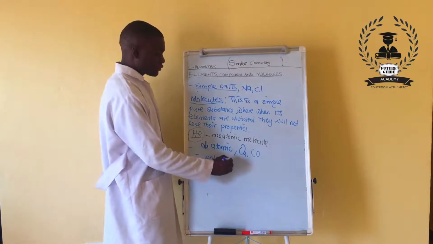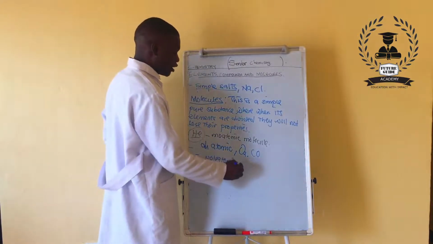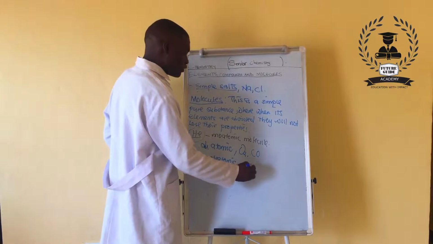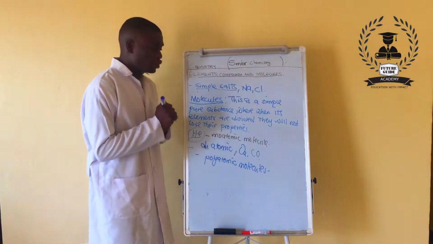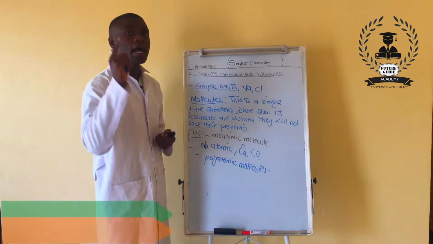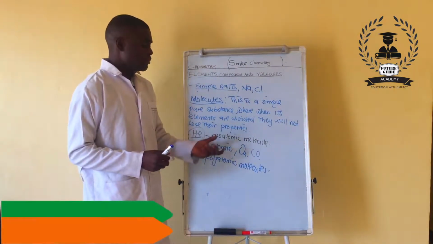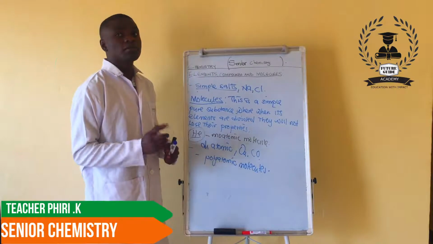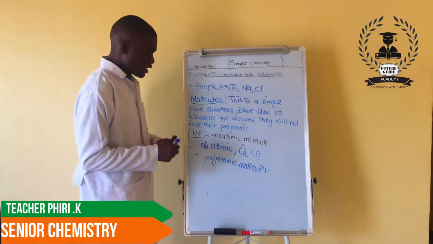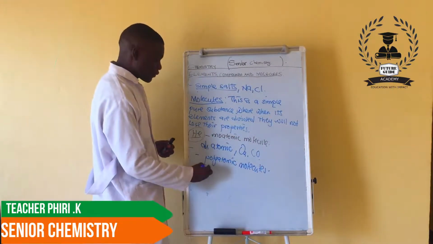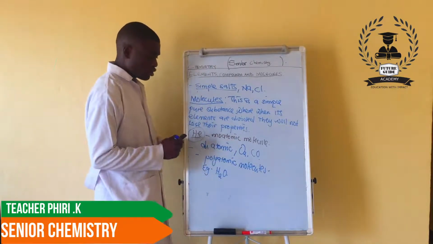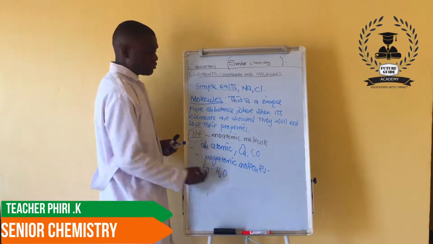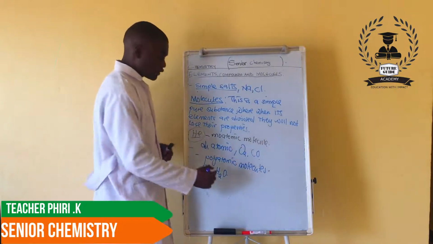Apart from diatomic, we also have polyatomic molecules. What you are supposed to know is that they have more than 2 atoms. A very good example is water, which is H2O: 2 atoms of hydrogen with 1 atom of oxygen.